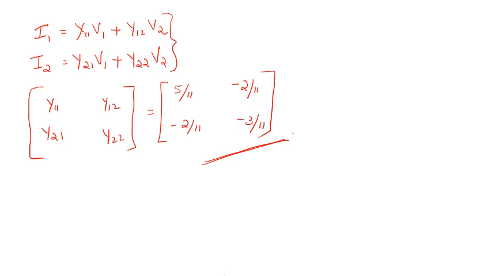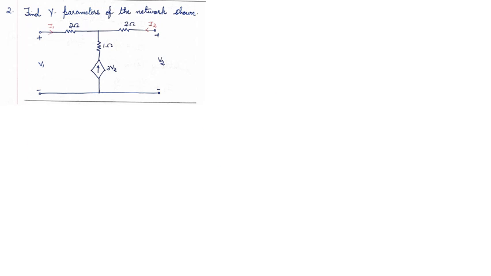Now let's move to another problem with dependent source. Here the circuit is having a dependent current source, a voltage dependent current source. Here also let's use the same approach. Here potential is V1 compared to the reference. Here it is V2.